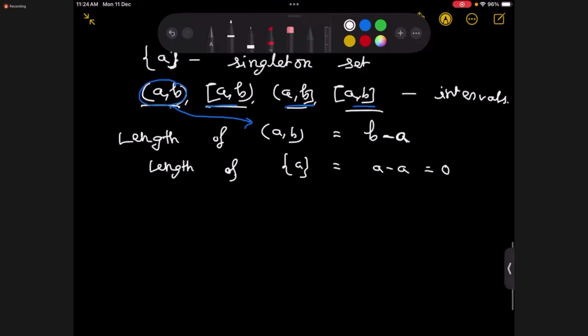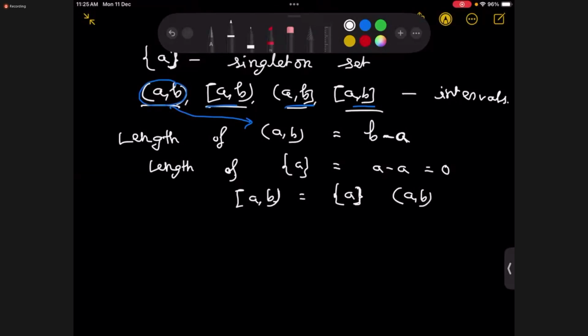And this set is nothing but the singleton {a} together with this.